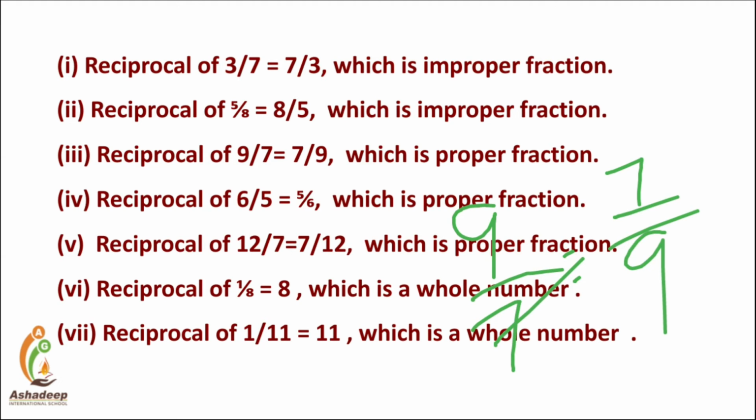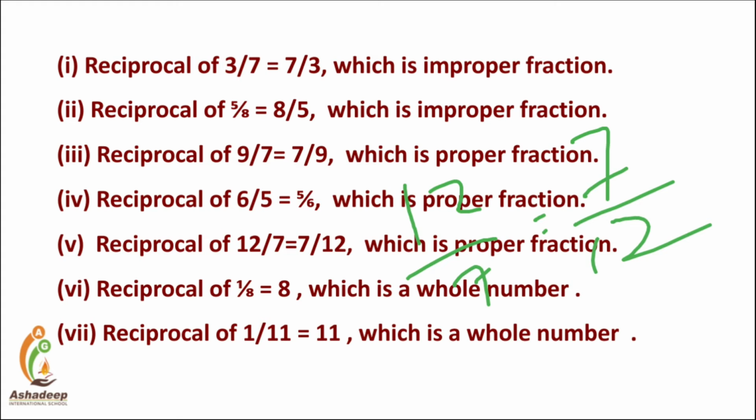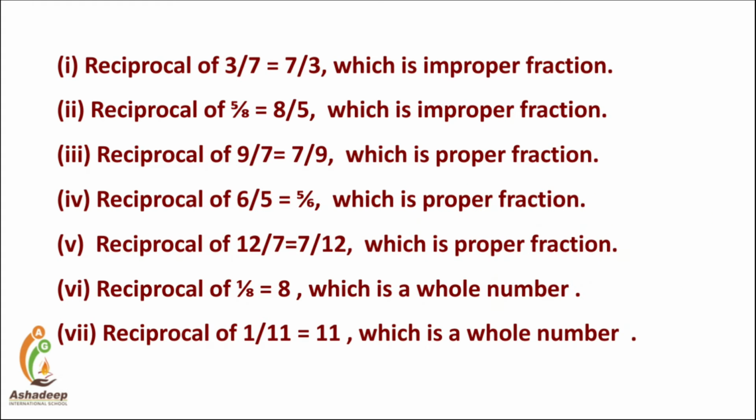Here we get that the reciprocal of an improper fraction is always a proper fraction, and the reciprocal of a proper fraction is always an improper fraction. Got it? Then 6 upon 5. Again 5 upon 6, a proper fraction. Then 12 upon 7. So 7 upon 12, a proper fraction.